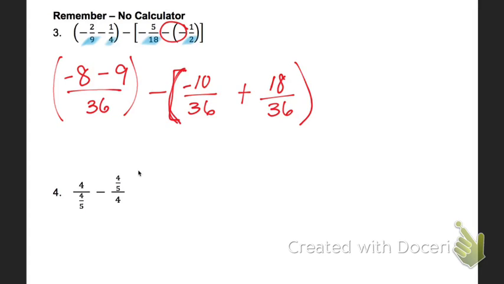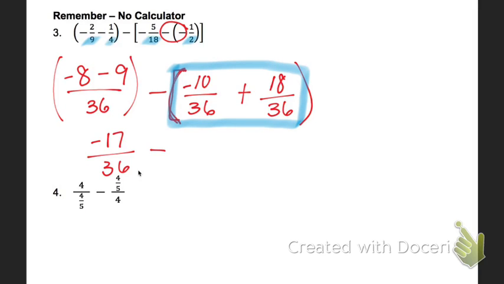And you can do parentheses instead of brackets. Now, combine the first two. Negative 8 minus 9 becomes negative 17 over 36 minus, what is the stuff in parentheses? Negative 10 plus 18 is 8.